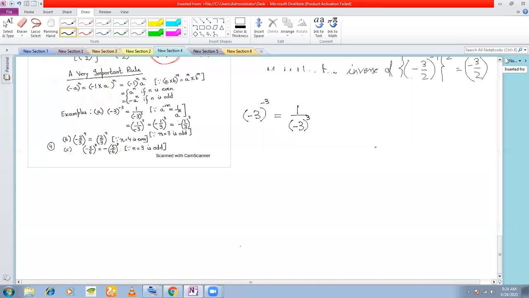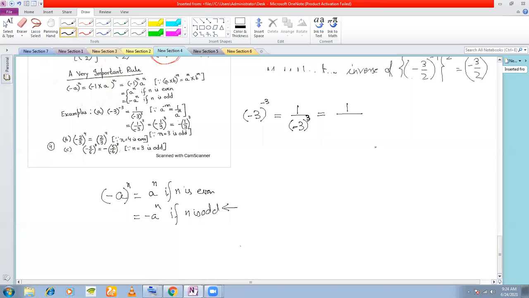Okay. Now this power is positive, so now I can work with this. Now I check, 3 is an odd number. If 3 is an odd number, then what was the rule here? If you remember, minus 8 to the power of n is equal to e to the power of n if n is even, and is equal to minus 8 to the power of n if n is odd. So according to this rule, n is odd.